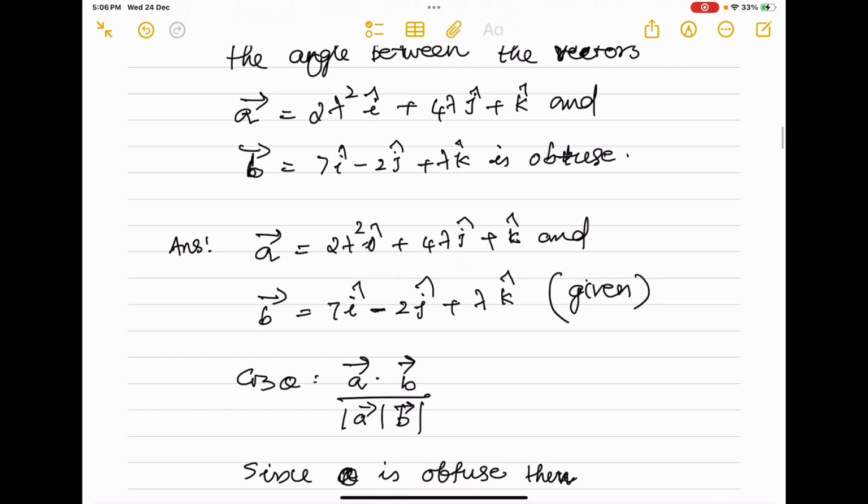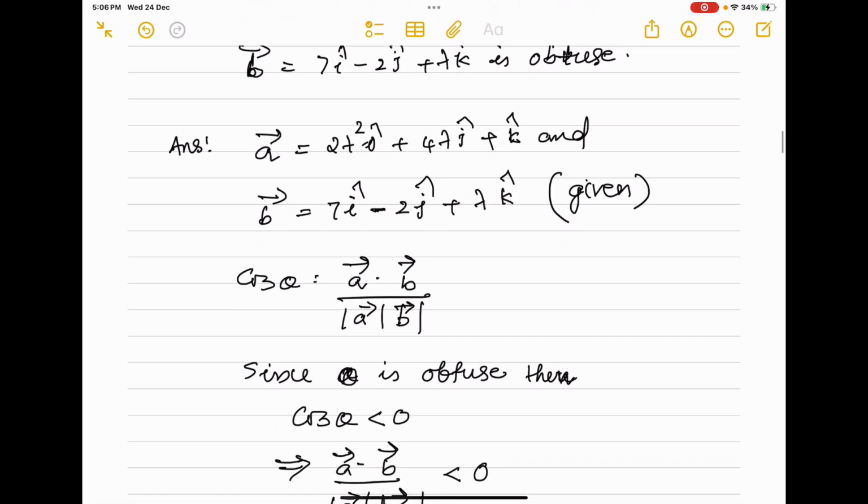Cos theta is vector A dot B divided by mod A mod B. Since theta is obtuse, then cos theta will be less than 0. If the value of theta is greater than 90, then value of cos theta is negative or less than 0.